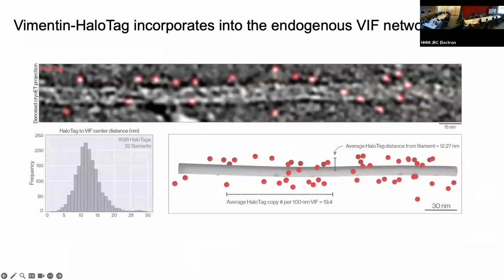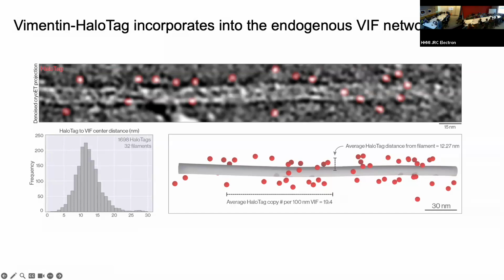So we have a denoised projection here where the vimentin filament is running through the center, and each of those pseudo-colored red dots is a Halo tag hanging off of the filament. We calculated the distance from the Halo tag to the center of the filament. We found an average of about 12.27 nanometers, which puts it well within the half damage range of some of these ROS that are going to get produced by our photosensitizer dyes, given that that's measuring to the center as opposed to the edge.